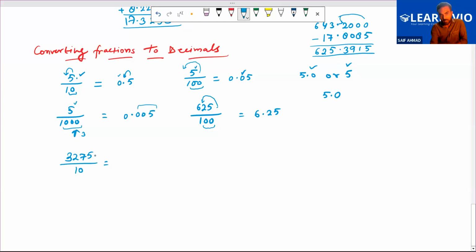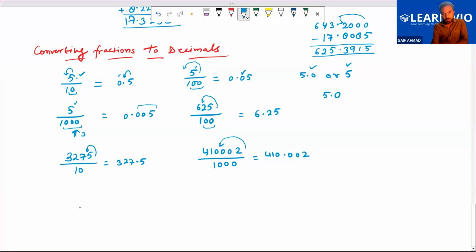The decimal is hidden here after the digit, so it comes before 5. It will be 327.5. Taking more examples. Now the decimal comes before three digits, so it will become 410.002. Understood clearly or not?